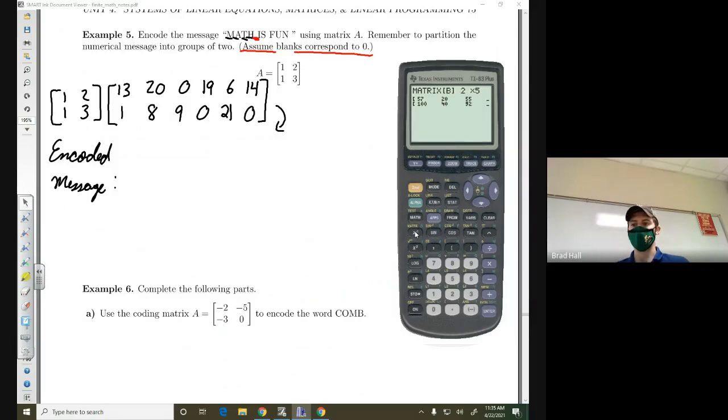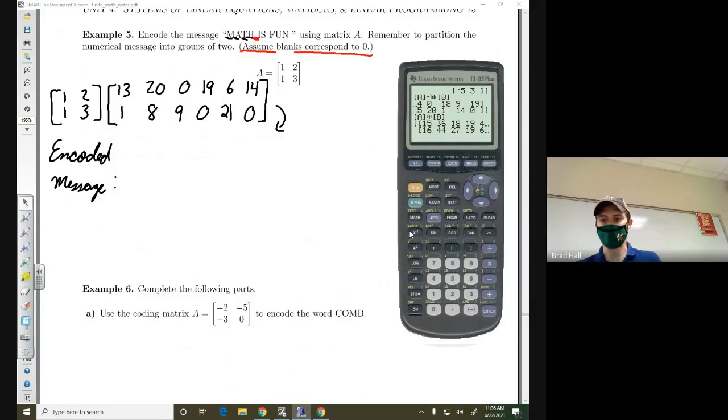Matrix B seems to be a 2 by 6 matrix. We have an extra column here, 2 by 6. Then we can go ahead and type in those letters or numbers. And from here, we simply multiply A times B.